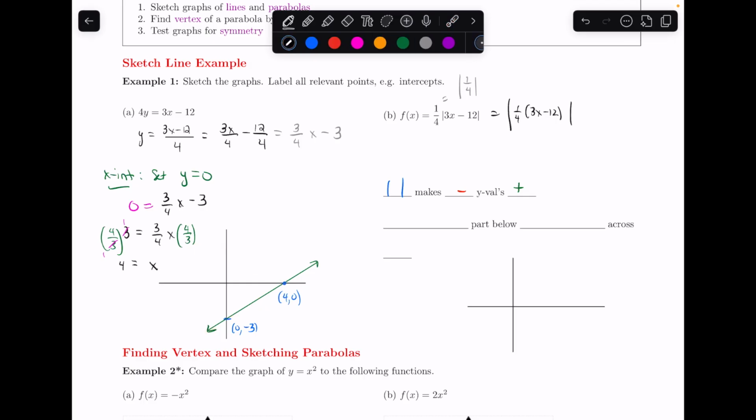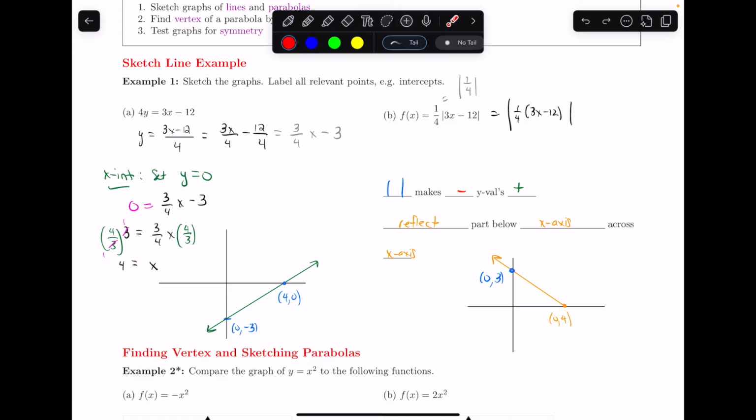So we are going to have to reflect the part that's below the x-axis across the x-axis. If I take this part that's below and reflect it up across, that part starts looking like this. At my x-intercept, which is (4, 0), it goes up like that. And now this y-intercept is hitting at (0, 3) rather than (0, negative 3).